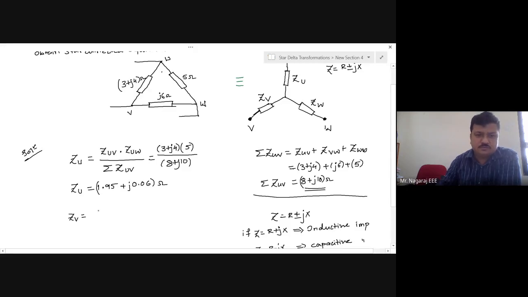Now, similarly, I will calculate ZV, which is equal to ZUV into ZVW divided by the summation of Z. So this equals 3 plus J4 into ZVW, which is J6, divided by 8 plus J10.